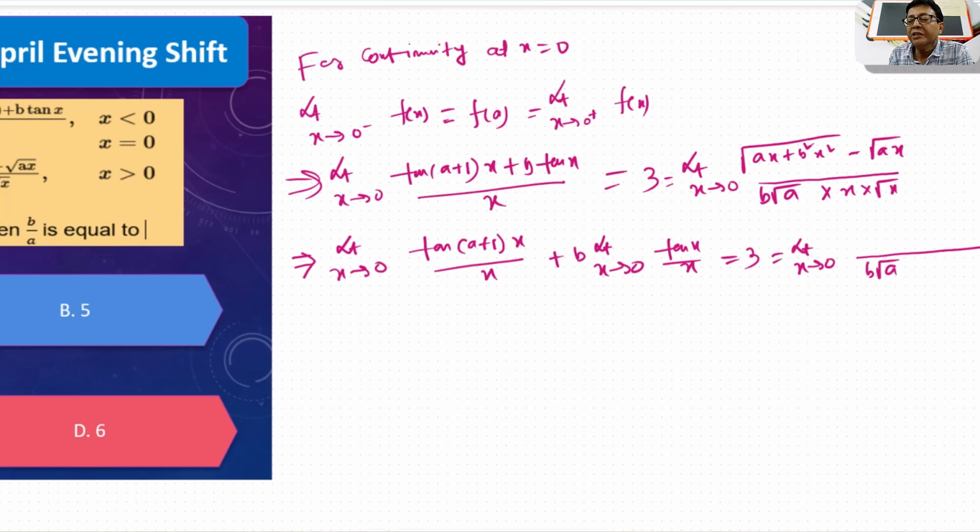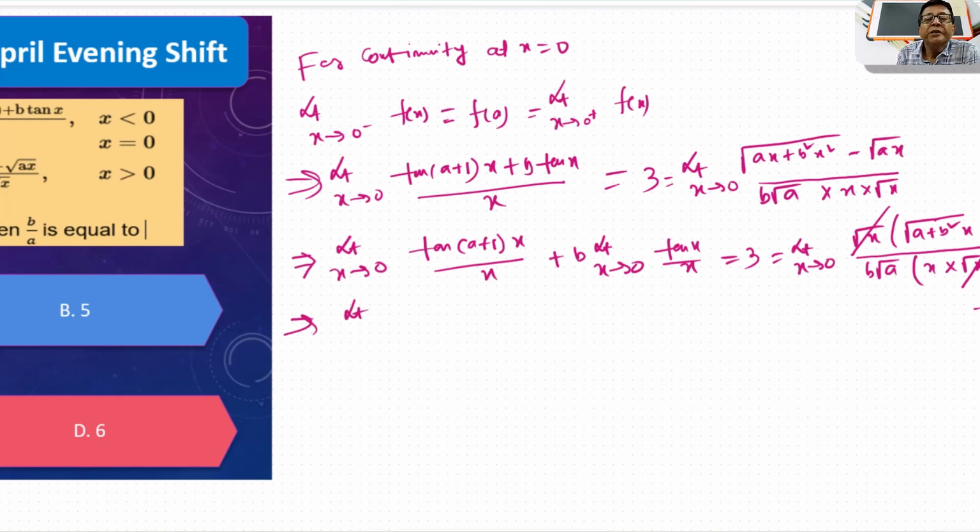See, root x is a common term in inner and rear, so I will be taking root x common from the numerator, and this is x into root x. Okay? Since x not equal to 0, you have every right to cancel it. So, this one will be limit.